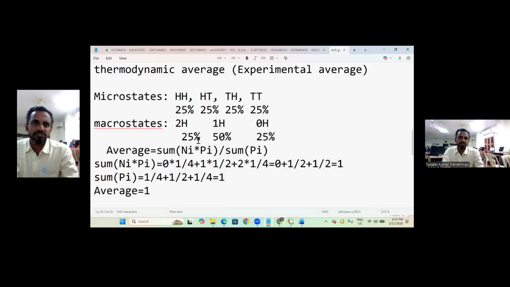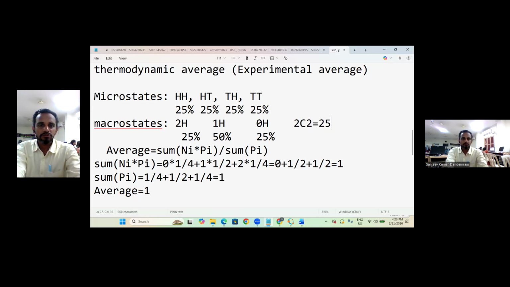It is this 25%. How did you get it? It is actually 2C2, and what is the value of 2C2? 1, right?